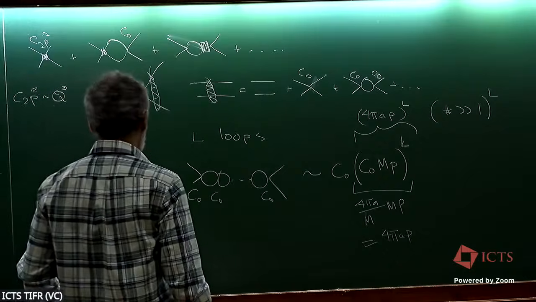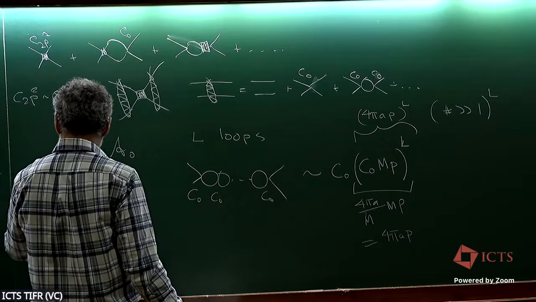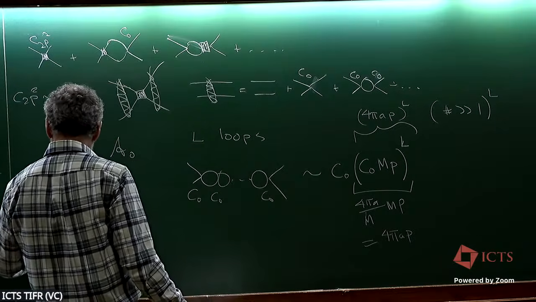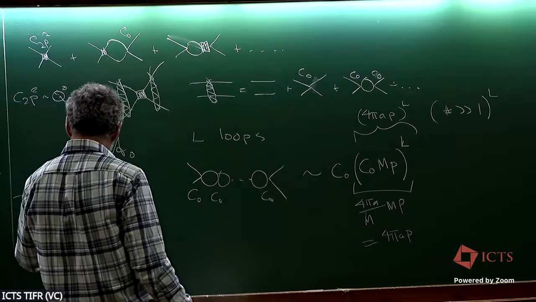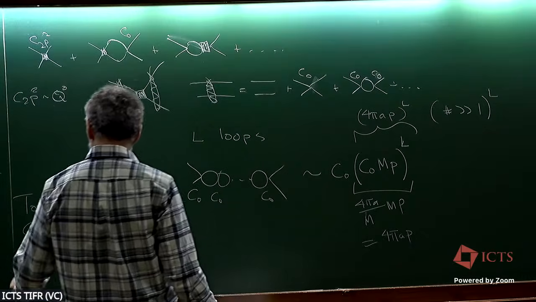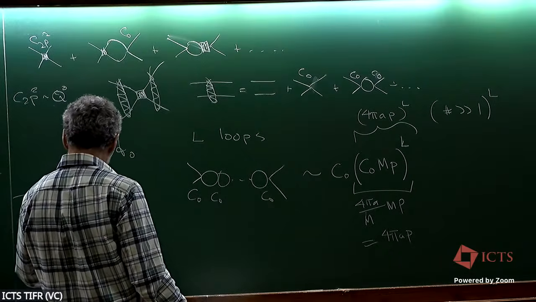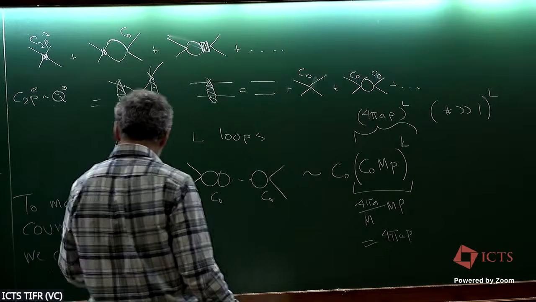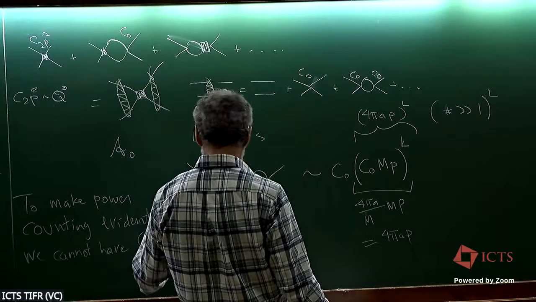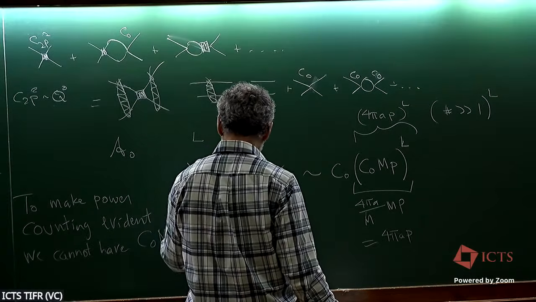So to make this power counting evident, we cannot have C0 times M be much greater than 1 over P.